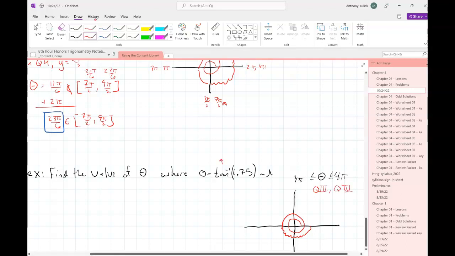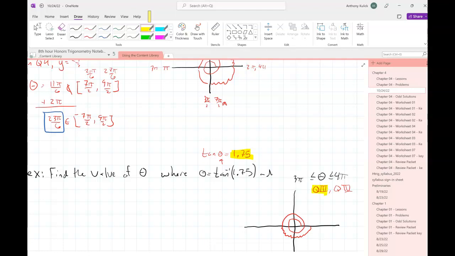Okay, remember this is the same thing as tan theta equals 1.75. So where is tangent positive? Remember on the unit circle, tangent is y over x. That's going to be positive in quadrant 1 and quadrant 3. Everybody agree?